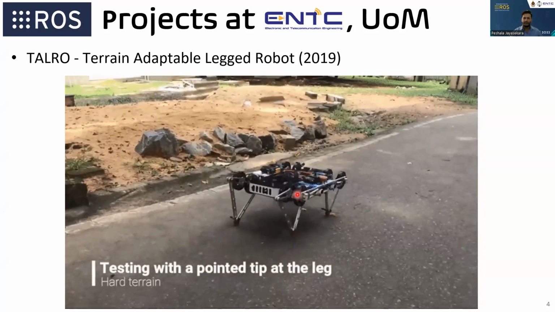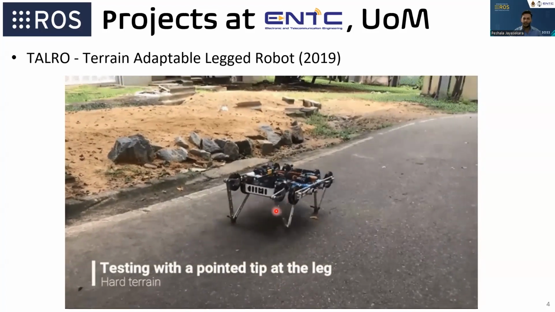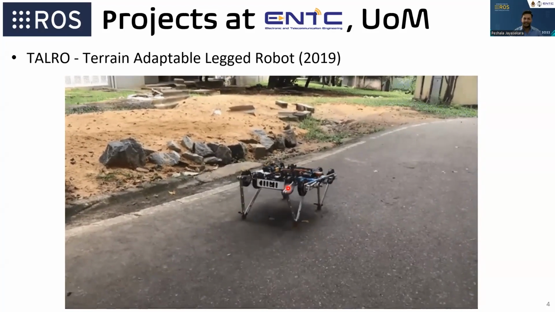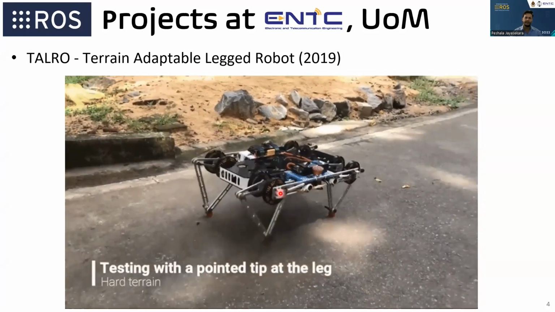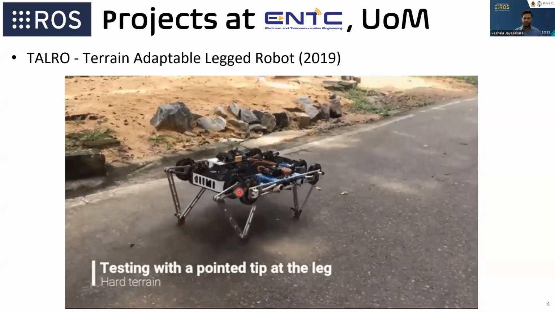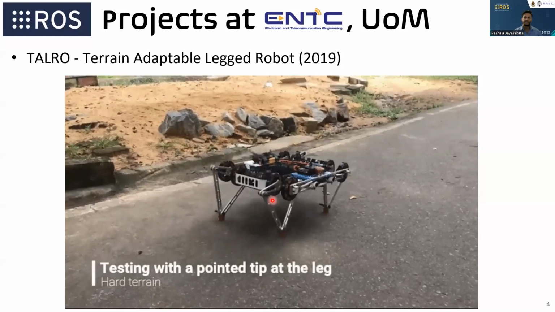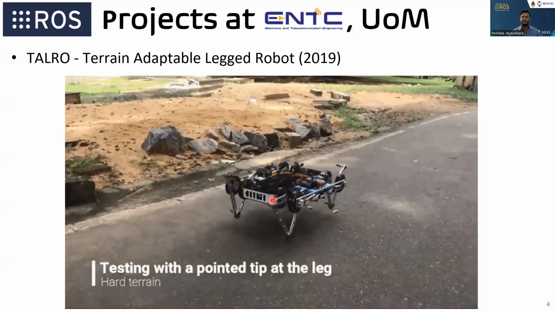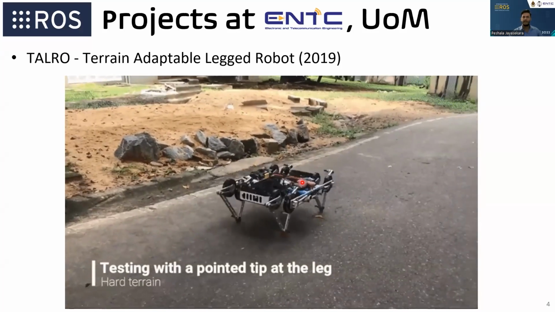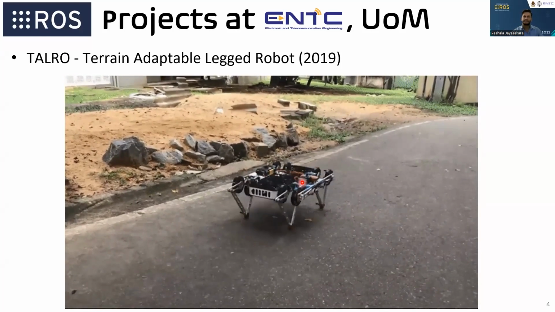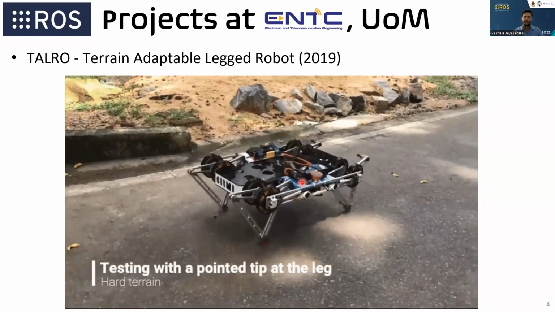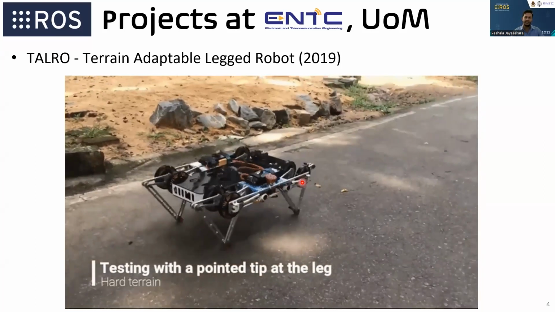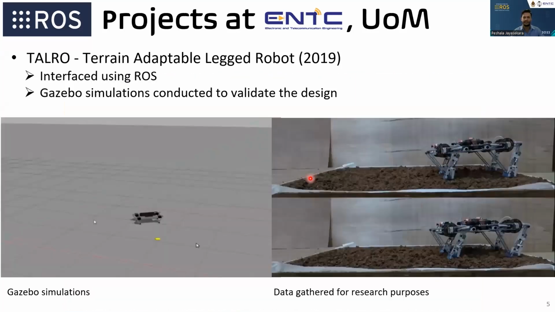Unlike having servo motors in a leg kind of orientation, this is driven by two brushless motors. So this is why it is called direct drive. The system also had a RealSense camera to do the terrain classification and change our moving pattern, which we call the gait pattern, to suit the terrain, right?